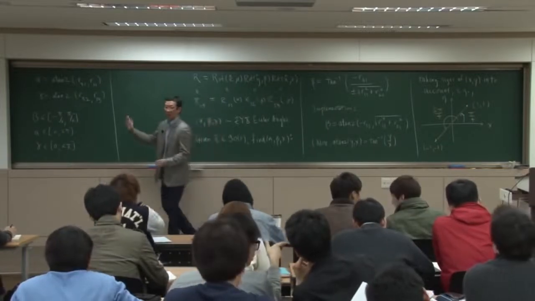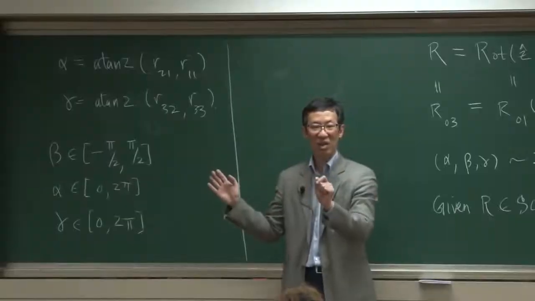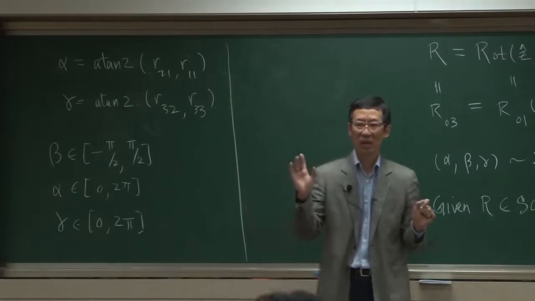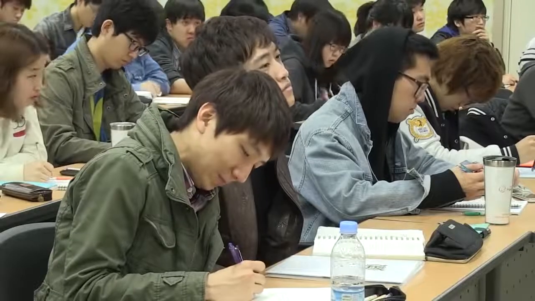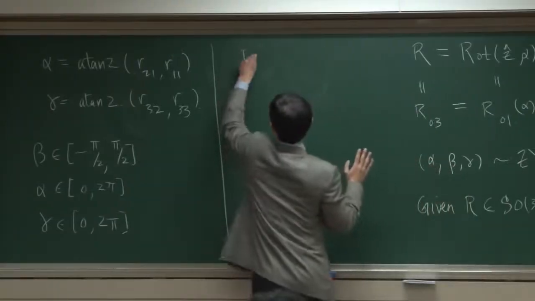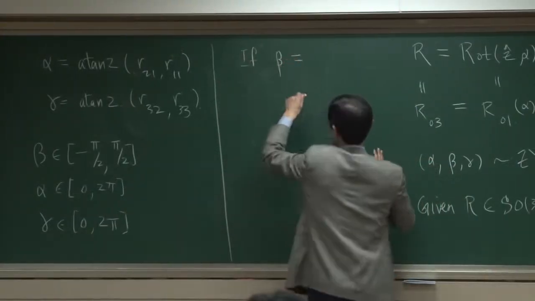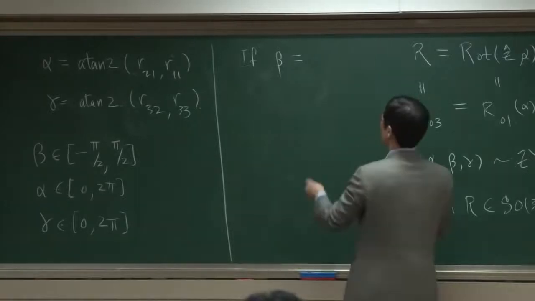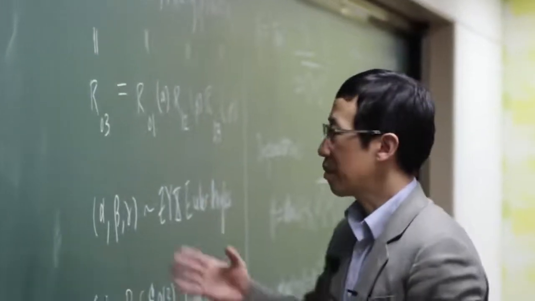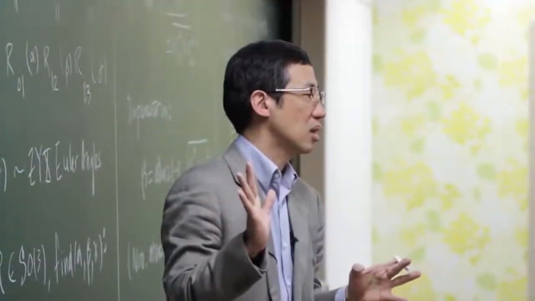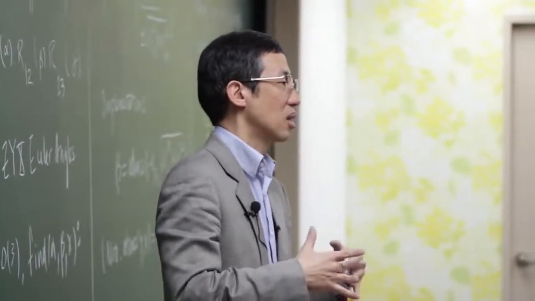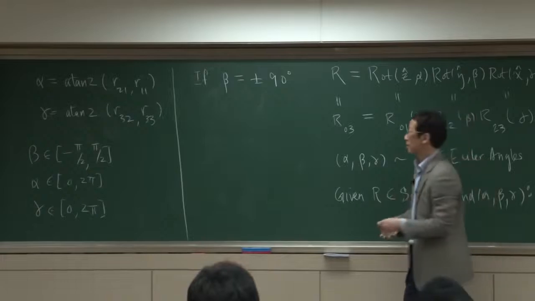Okay, so this works, right? We checked the steps. Now there is one more thing to be careful of. We first find beta. If beta happens to be 90 degrees or minus 90 degrees, then we have to remember that there are going to be multiple solutions. In fact, there's going to be an infinite number of solutions.